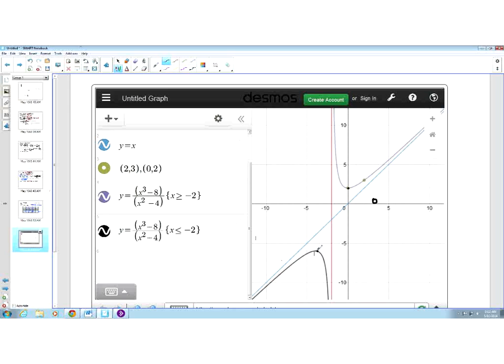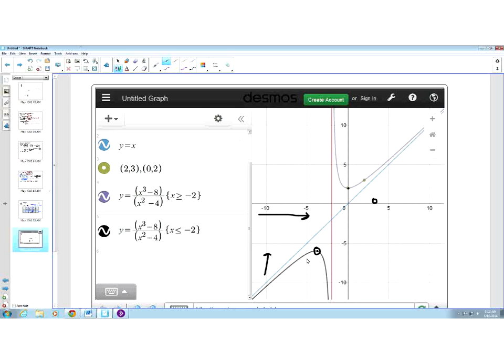So clearly, if we consider this point right here as a local maximum, for this branch, we see that to the left of the local maximum, the function is increasing. Because as x increases in this direction, y correspondingly increases.